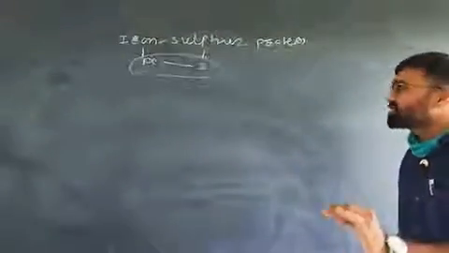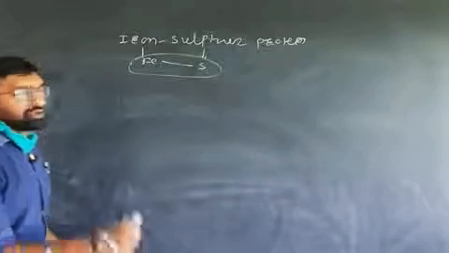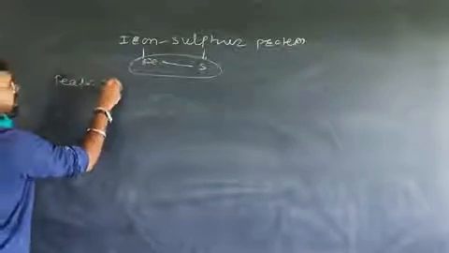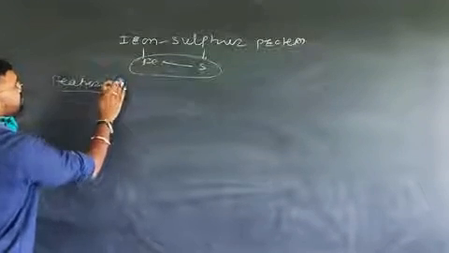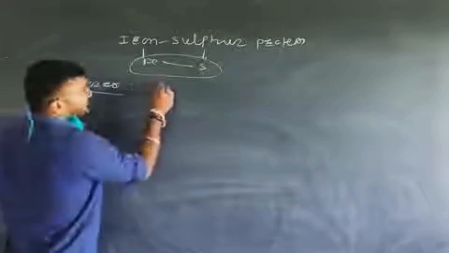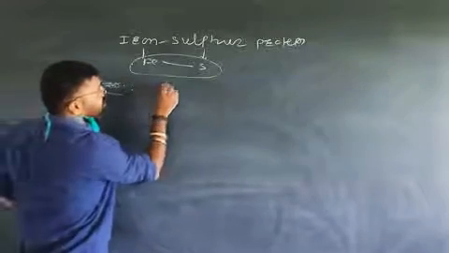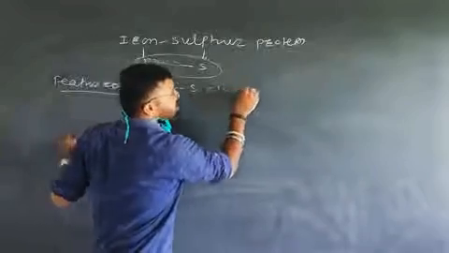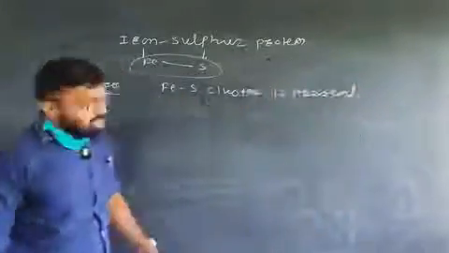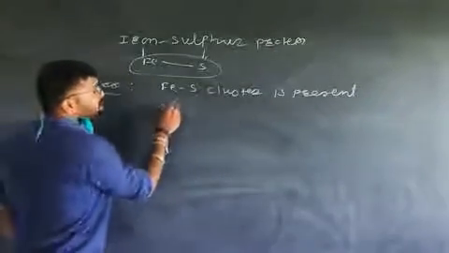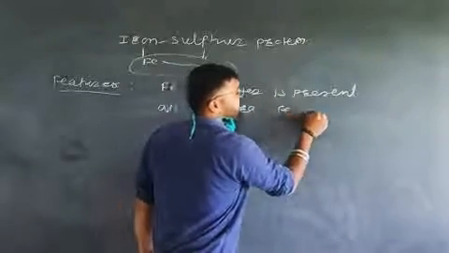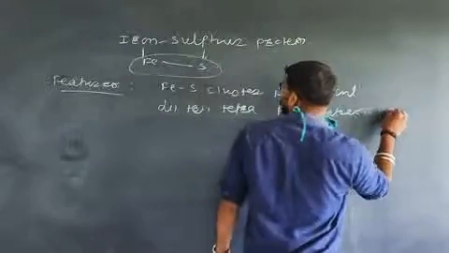Suppose you want to write the common features of this iron sulfur protein. We can say that an FeS cluster is present. This FeS cluster may have di, tri or tetra Fe centers.